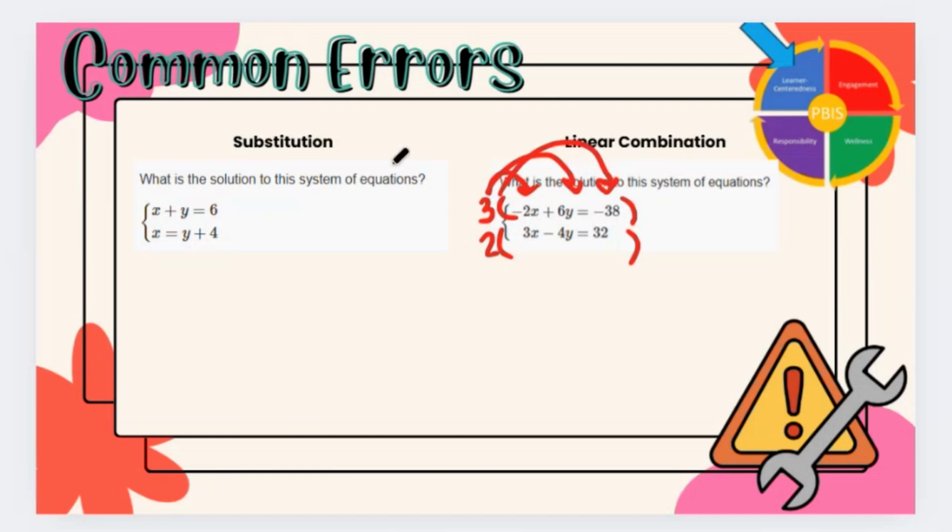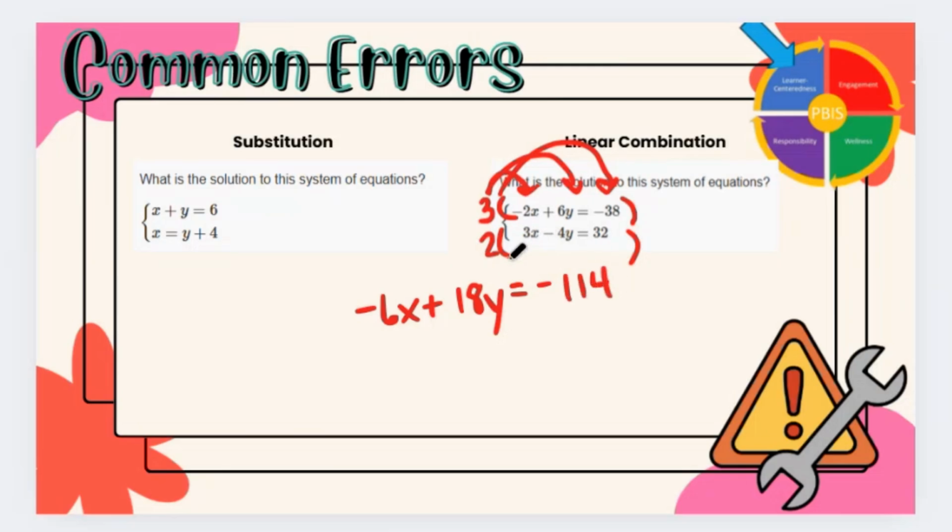So 3 times negative 2x is negative 6x. 3 times 6y, 18y. 3 times negative 38 is negative 114.